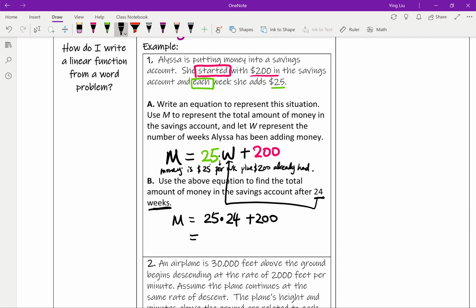So together that will be 25 times 24, and then plus 200, that's $800. And that's our answer.